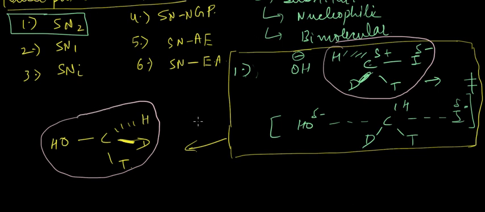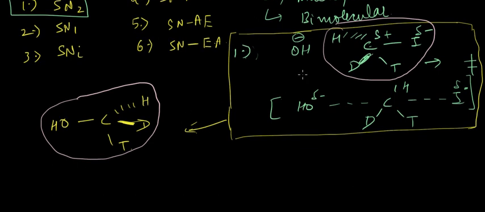What happens is OH attacks from one side, and from the other side I minus leaves. So this is a Walden inversion.